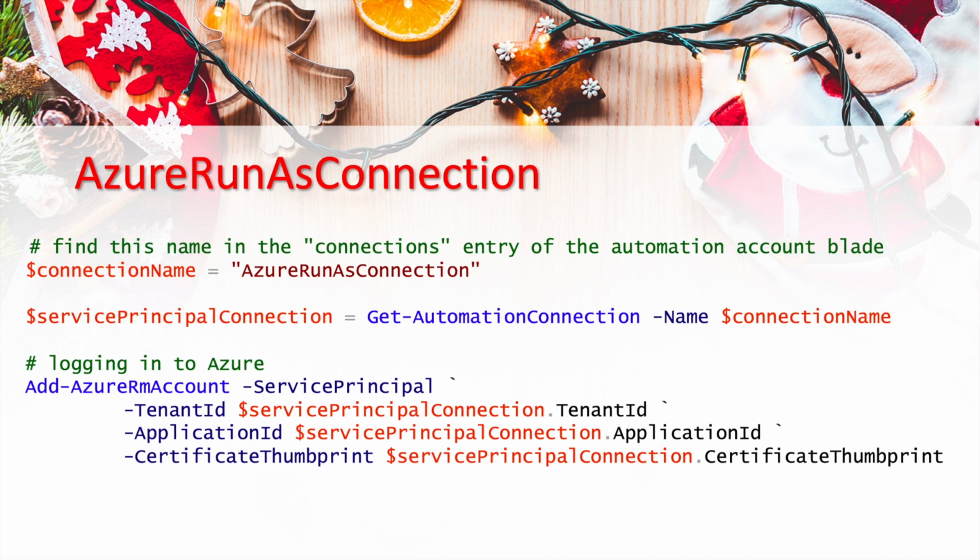Once this is set up, you can use these few lines of PowerShell in order to log in to Azure. So as you can see, we are using that account, the Azure Run As connection, and use it to authenticate to Azure.